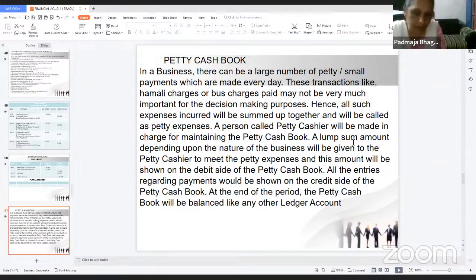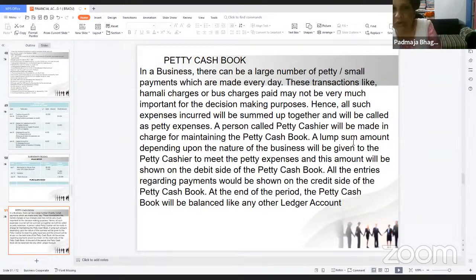For 100 rupees, I cannot go to the manager and ask him to give me the money, or pay for transportation or refreshments like that. We don't want to make a mess in a business, so they will maintain one petty cash book.